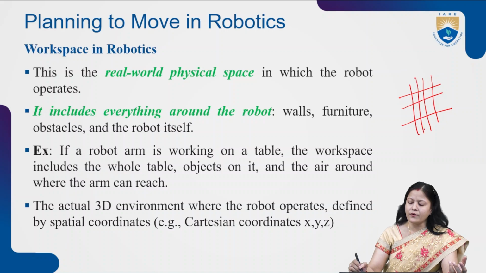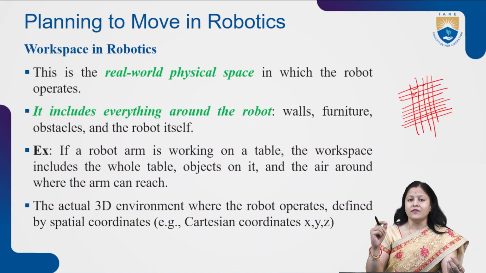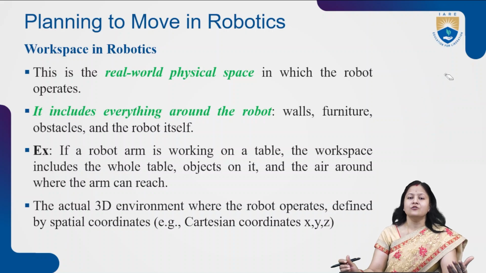If they are very thin, then the picture clarity, the resolution, depends upon the size of the pixel. If the pixel size is very small, definitely the clarity of the picture will be very good. In the same way, the virtual space is also divided into a number of grids.